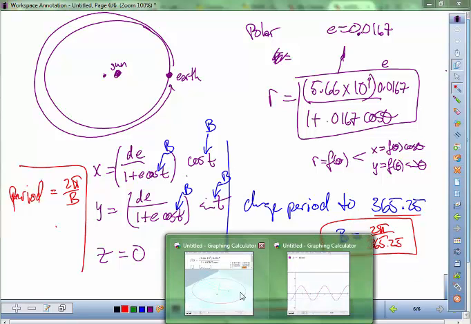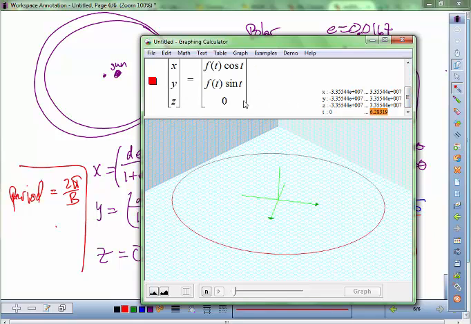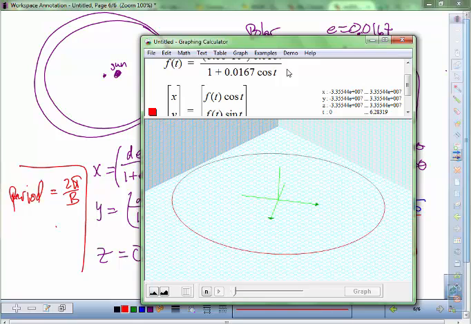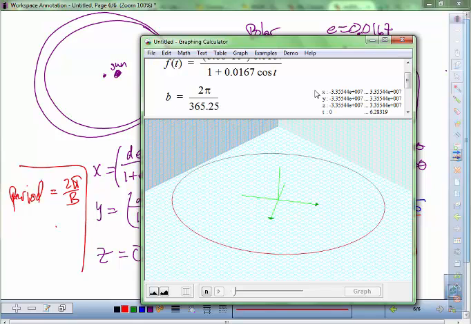Let's put that in our graph. So instead of a t here, I'm going to put a multiplier b. And for this, I'll say b equals 2 pi over 365.25.